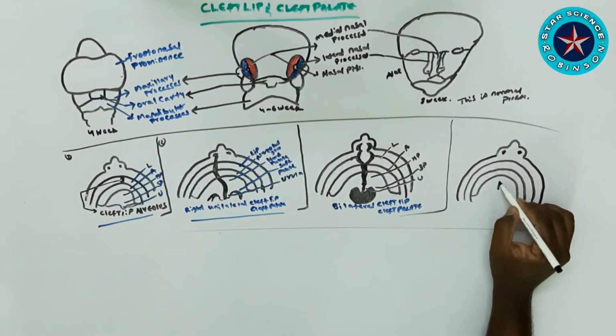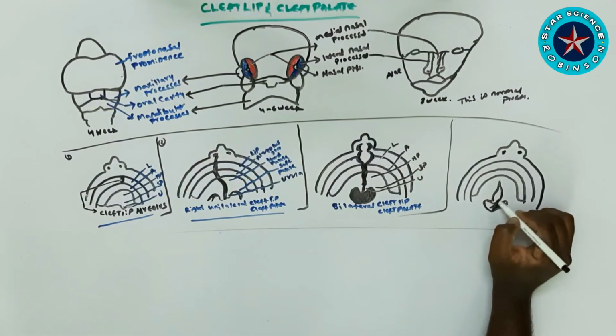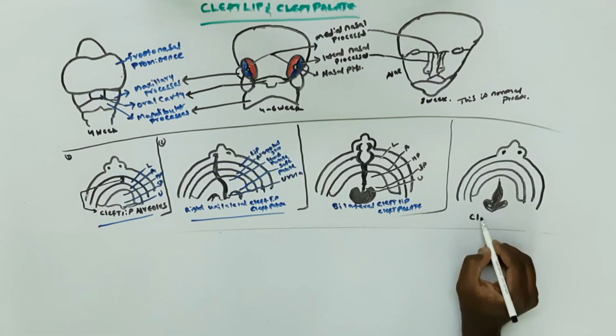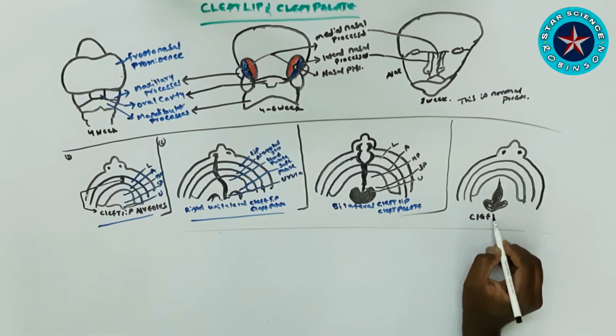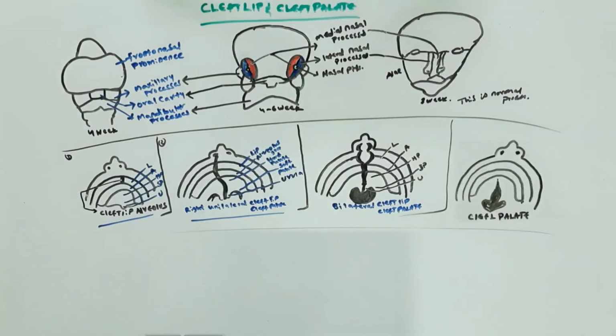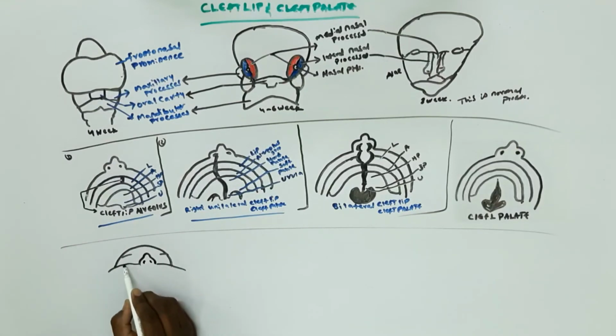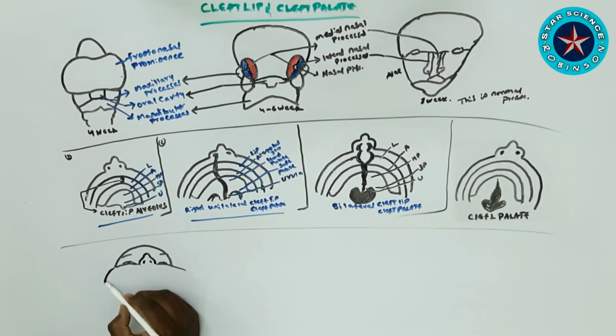In our next diagram we are looking at a cleft palate only; there is no cleft lip, there is only cleft palate. When there is no proper fusion of the primary and secondary palate, it will occur as a cleft palate. Here once again we'll see how the cleft palate occurs.